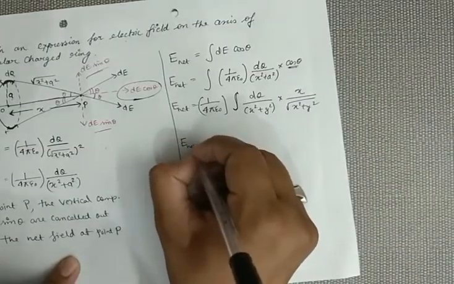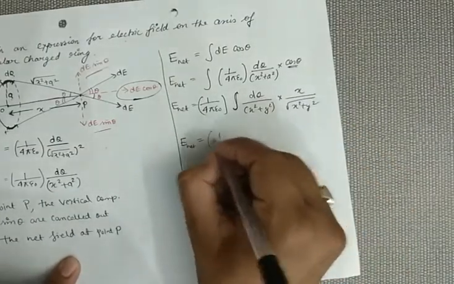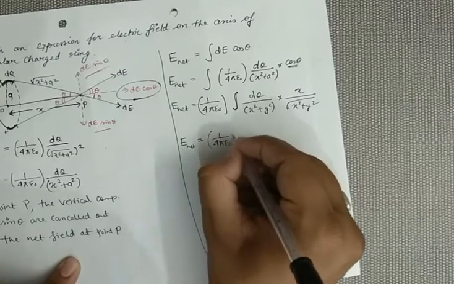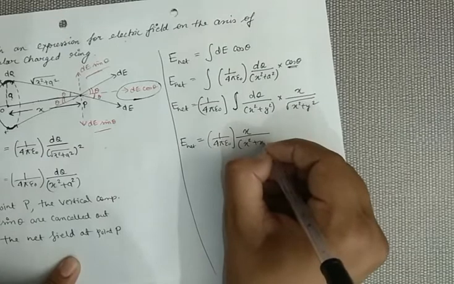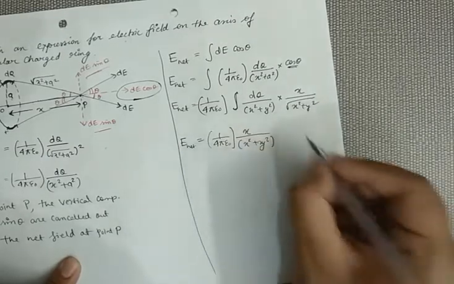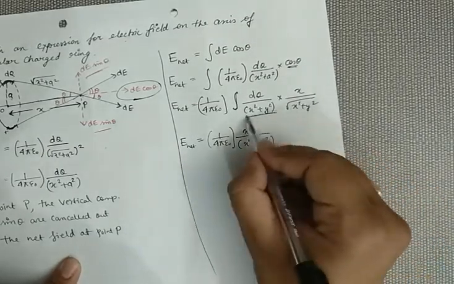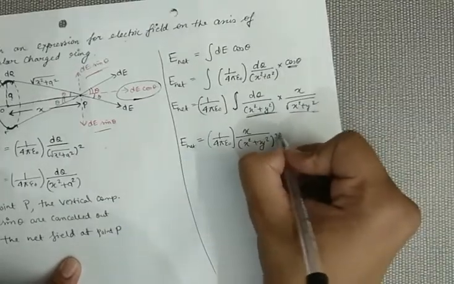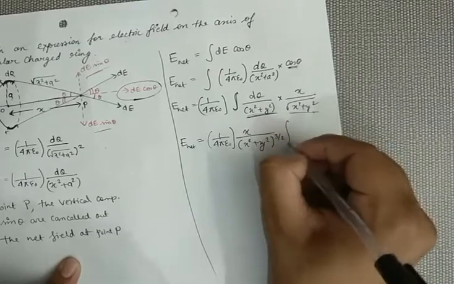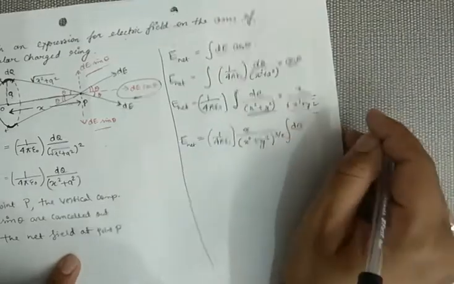So the constant quantities are taken out. What are the constants? 1 upon 4 pi epsilon naught times x upon x square plus a square, whole power 1 plus half, which is 3 by 2. And in the integration we only have dq.